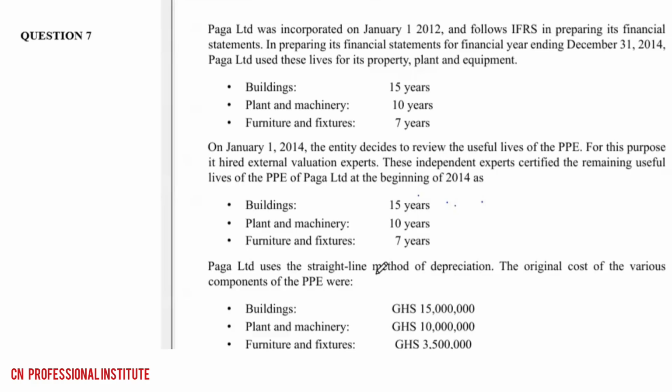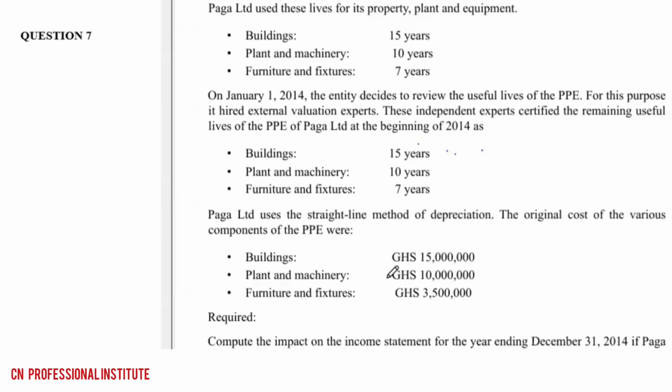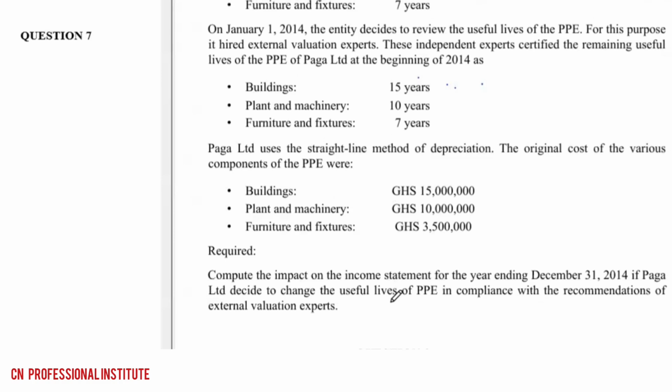Paga Limited uses the straight line method of depreciation. The original cost of the various components of the PPE were, so the cost of building 50 million, plant and machinery 10 million, furniture and fittings 3,500,000. And the requirement is calculate the impact on the income statement for the year ending December 31st, 2014 if Paga Limited decide to change the useful lives of PPE in compliance with the recommendations of the external valuation expert, right?